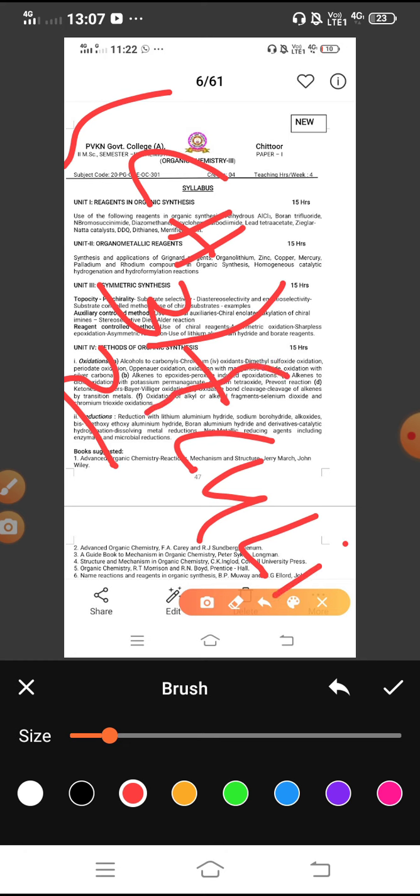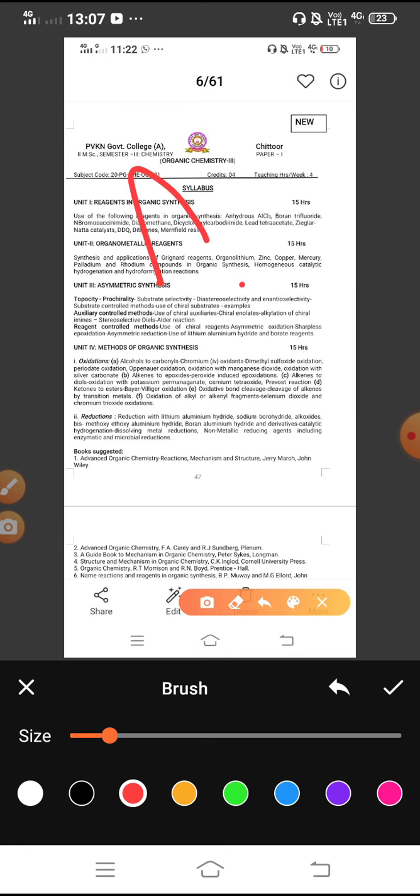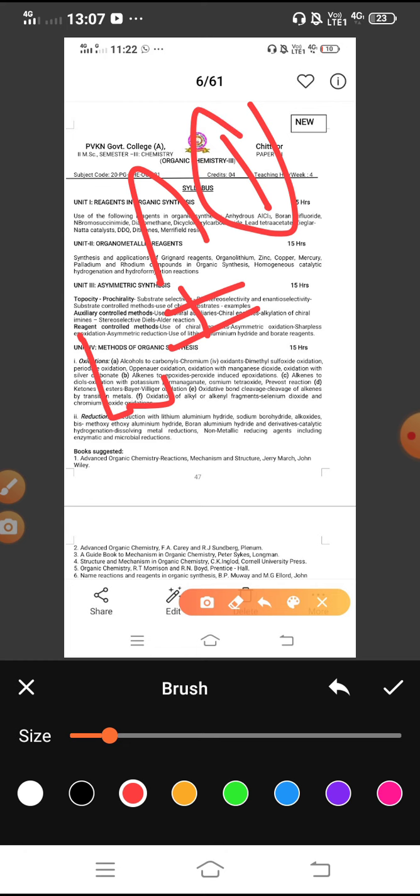Two methyl groups are present, so it is called dimethyl copper lithium, the Gilman reagent. It is a source of CH3 minus. All organometallic reagents are very good sources of carbanion, C minus.